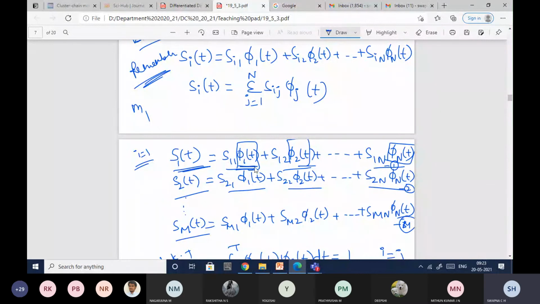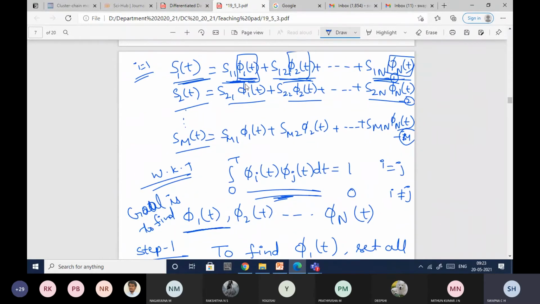In order to find phi 1 of t in the first equation, except this S11, I will make all other terms 0. Only when I make all other terms equal to 0, I'll get phi 1 of t. To find phi 2 of t, the first two coefficients should not be 0, and the rest should all be 0. For phi 3, three coefficients I need not make 0, and the rest of the coefficients I need to make 0. That is how this procedure will be.